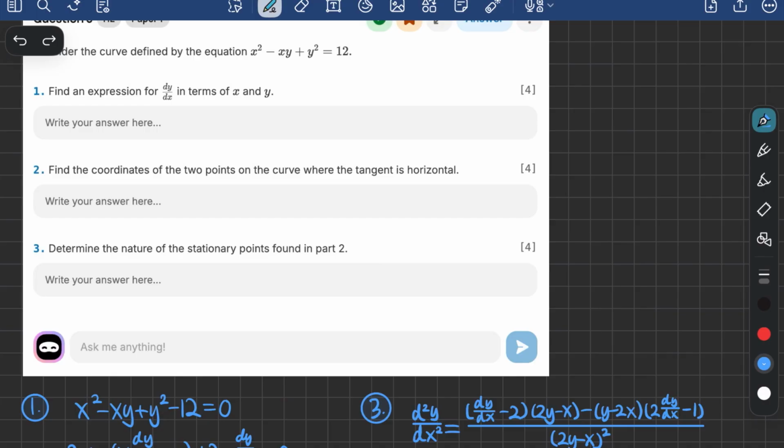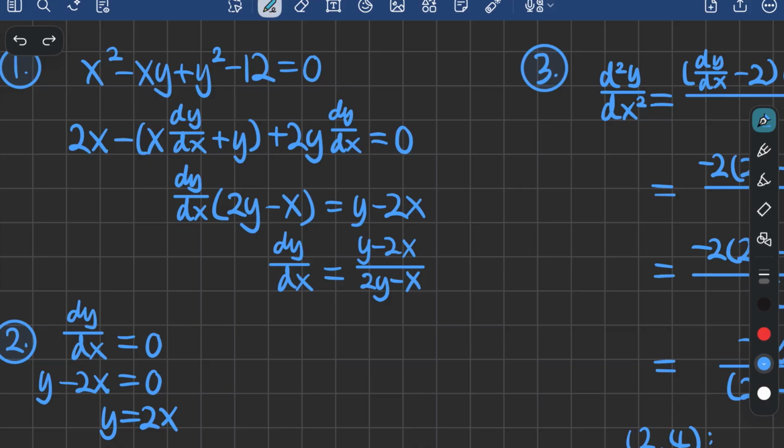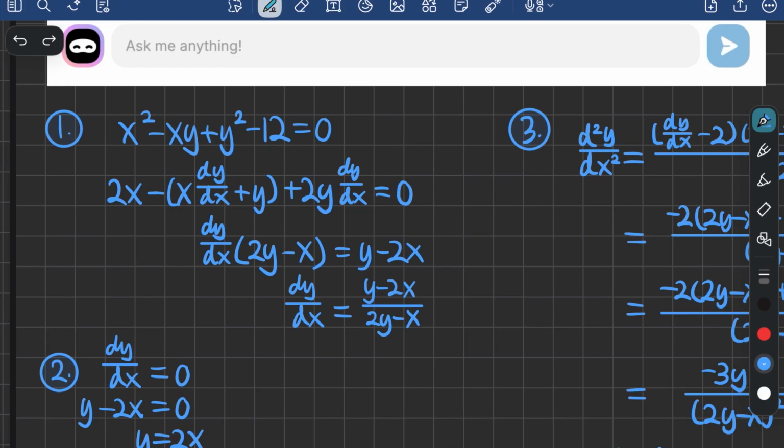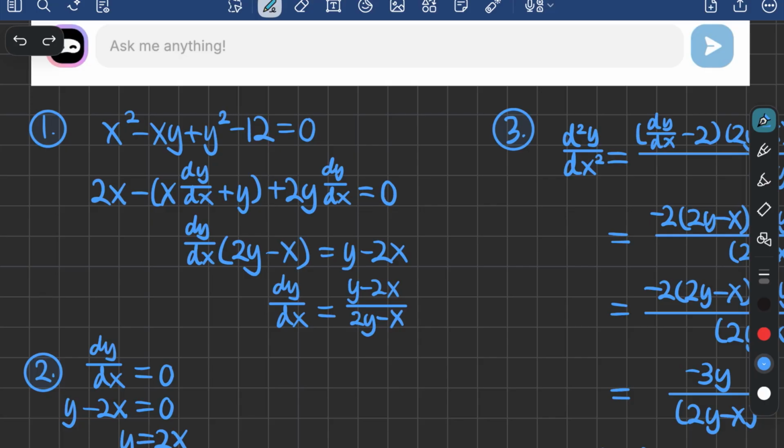Now we want to find the coordinates of these 2 points when dy/dx is 0. So when this equals 0, that means y minus 2x equals 0, because 0 divided by something is 0. So now we know that y equals 2x for this condition.